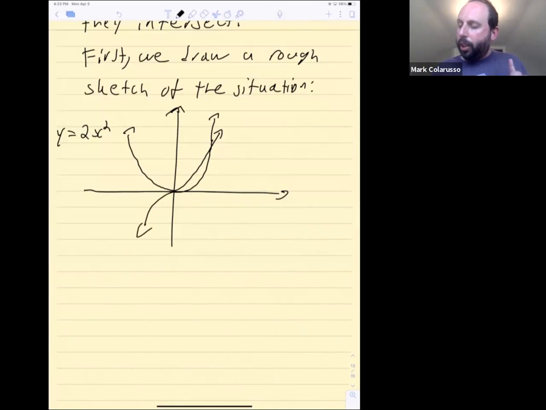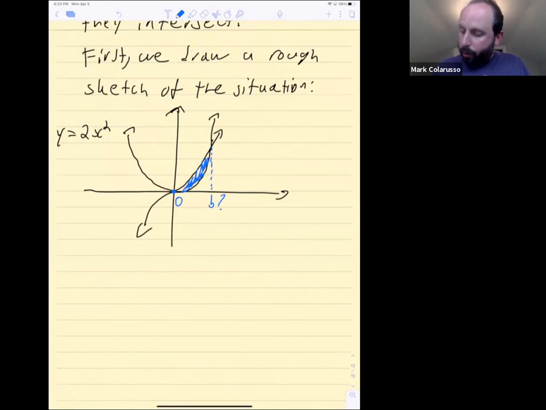So we want the region enclosed by the two curves. That's this region that I'm going to shade in blue here, right? So clearly one of the intersection points is 0. The other point I'll call b, right?